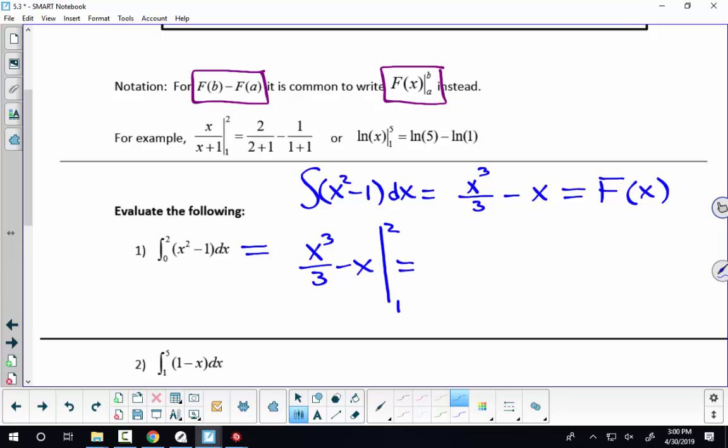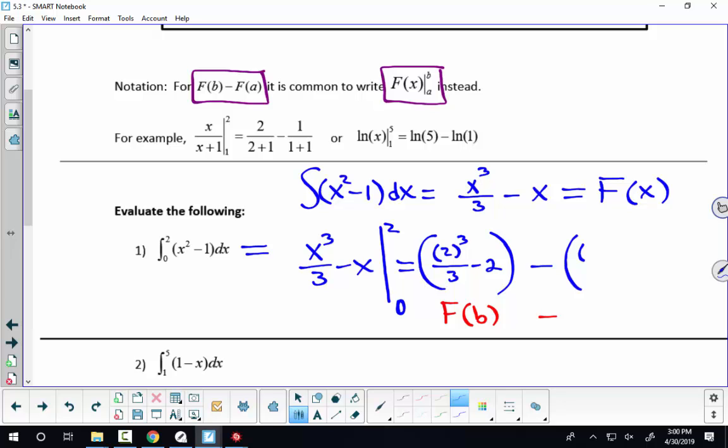Okay, so the first one we're plugging into that function is 2. So we're going to have 2 cubed over 3 minus 2. That's capital F of B. And then we're going to subtract off that function evaluated at 0.